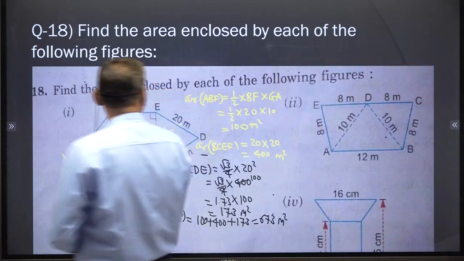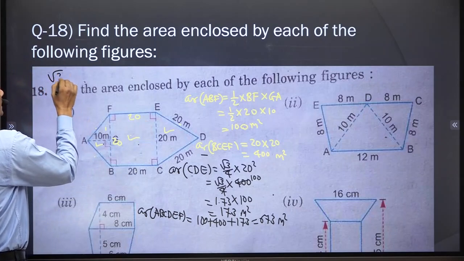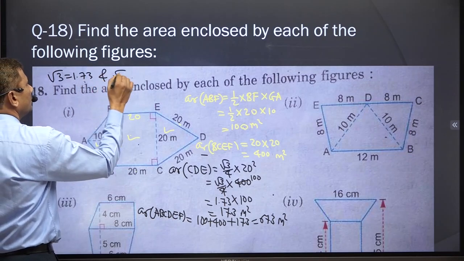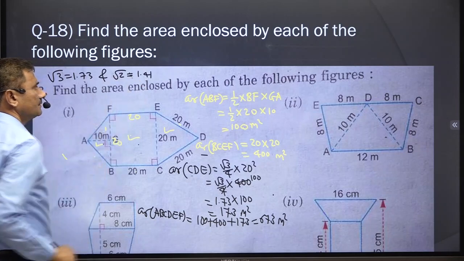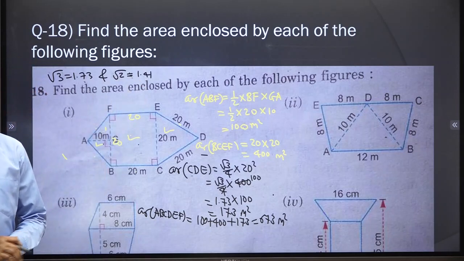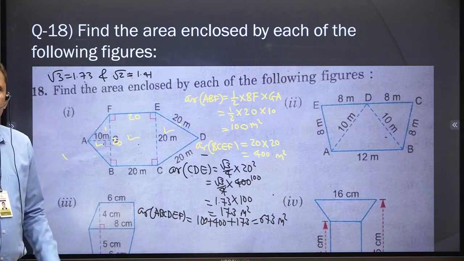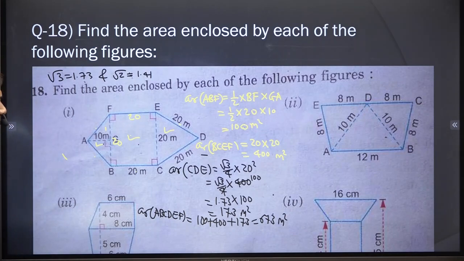You should remember these two values: root 3 equals 1.73 and root 2 equals 1.41. They are useful. Okay, so now try to understand and note it down also.